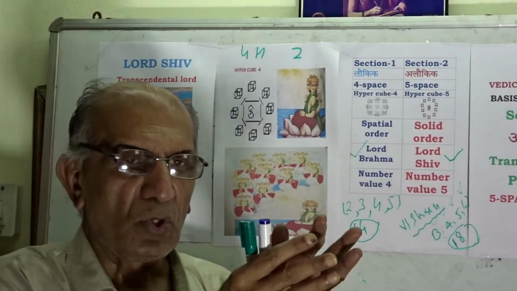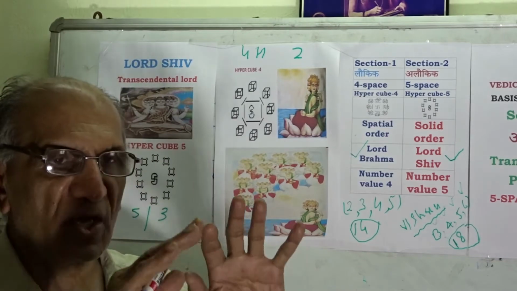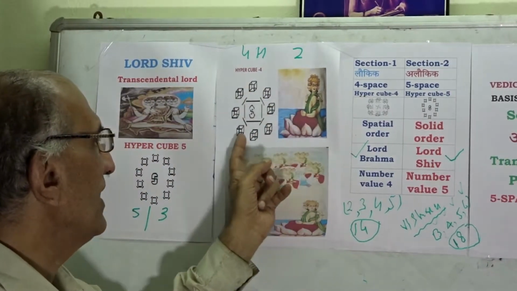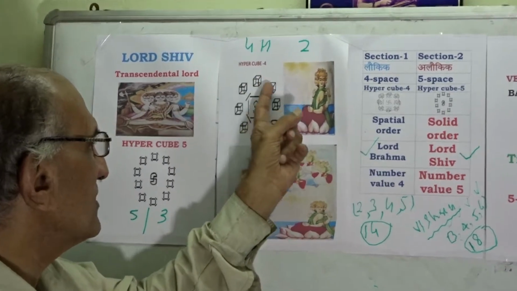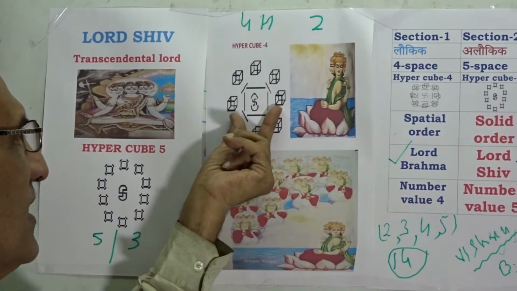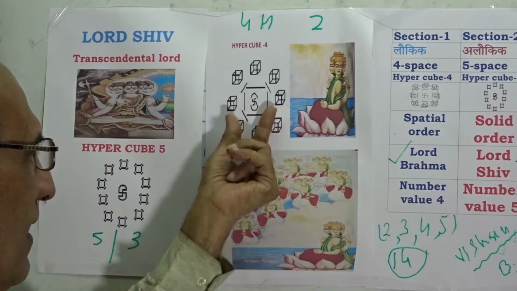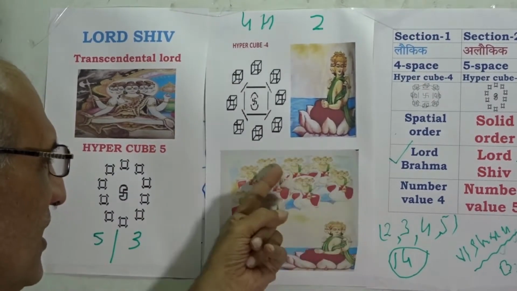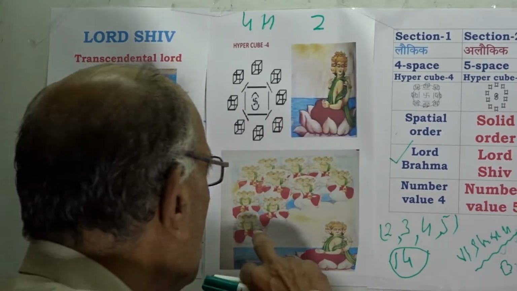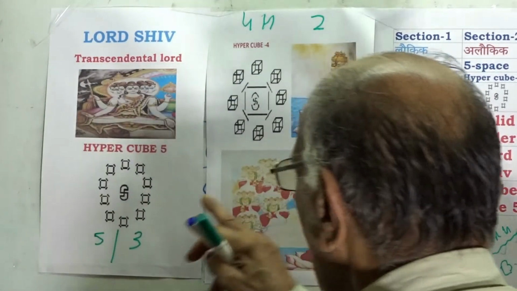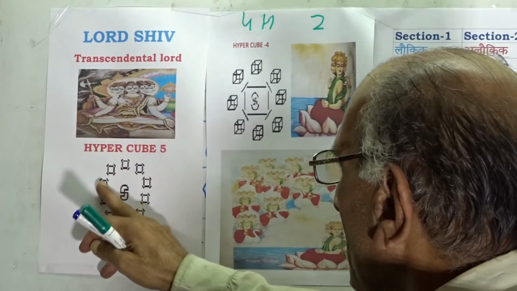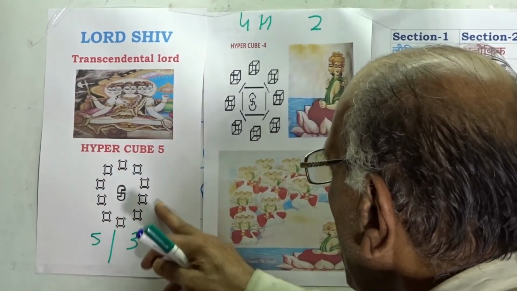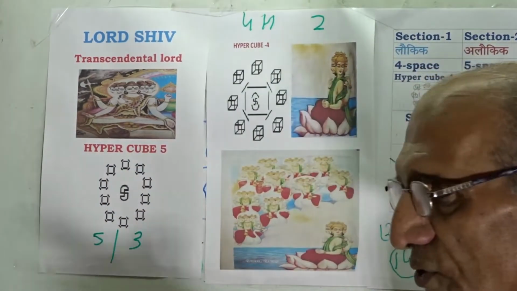It amounts to this: the solid boundary of hypercube 4 melts away, and instead the fourth space domain multiplies as 10 Brahmas, as 10 creative components, and these 10 Brahmas as 10 creative components constitute a creative boundary of the transcendental domain.